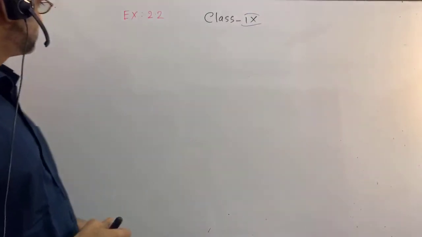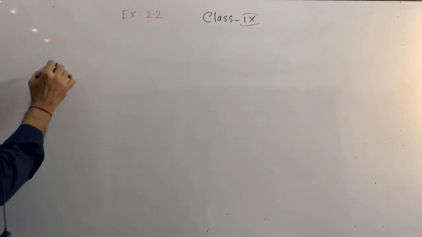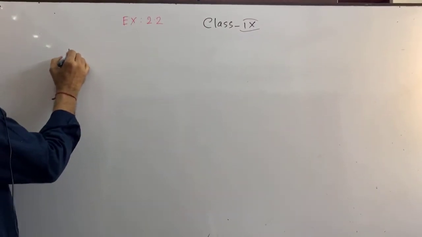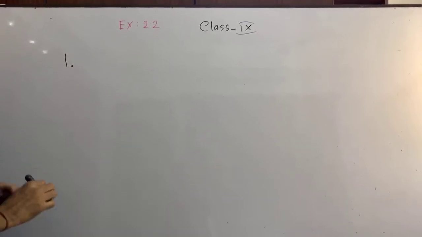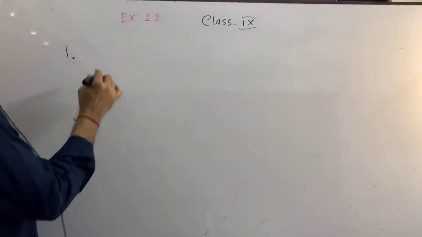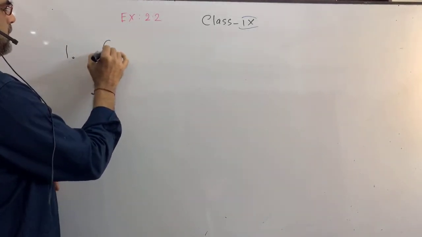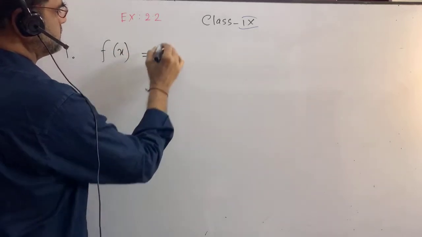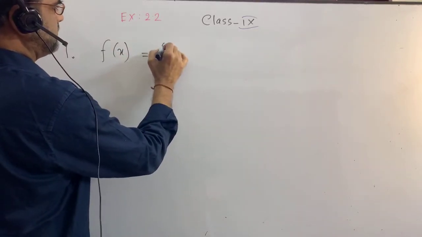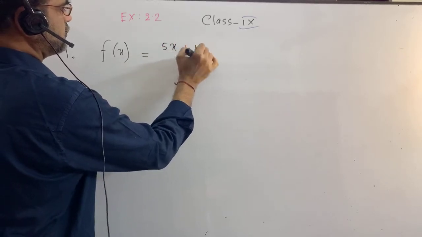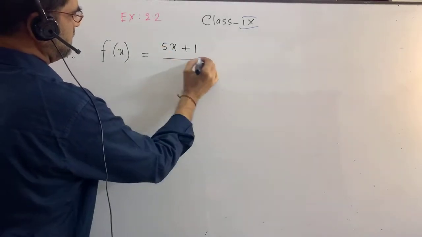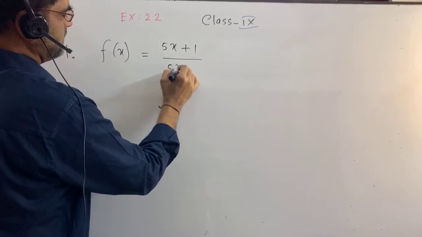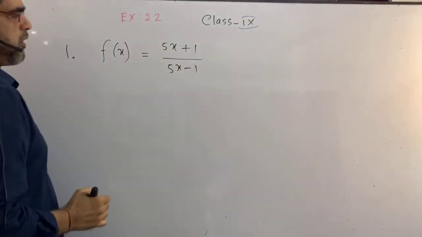Suppose you see one math I am giving you. f of x is equal to, suppose it is 5x plus 1. Now it is 5x minus 1.